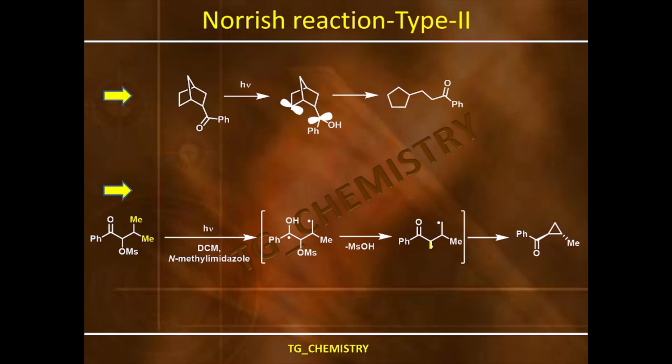This 1,3-biradical system on recombination will produce the cyclopropane ring as the major product, which is substituted by PhCO and methyl, those two substituents. So this is another very important example of Norrish Type 2 reaction.